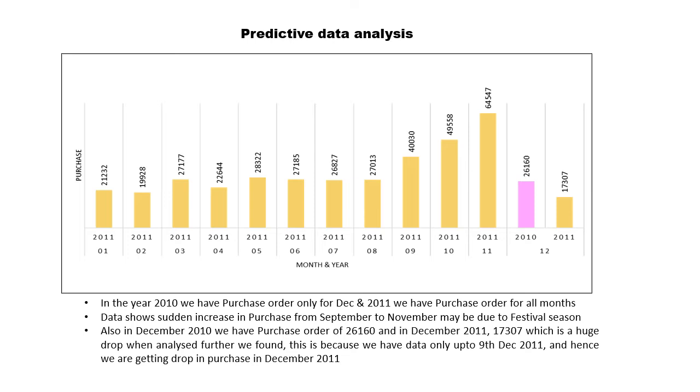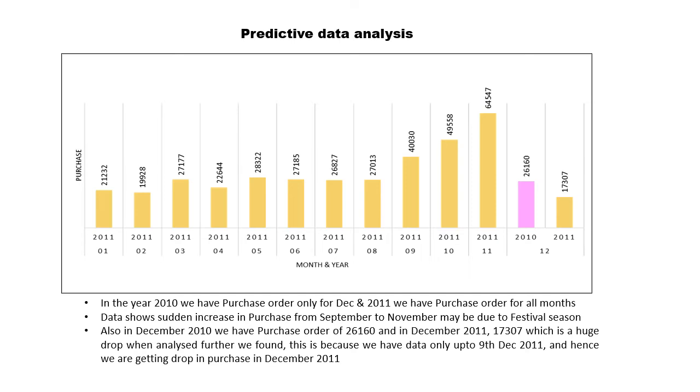Now the predictive data analysis. Here we can see purchases by month and year plotted on this bar chart. We can see no such variation in purchases from January to August 2011.